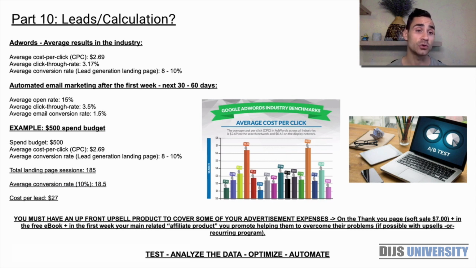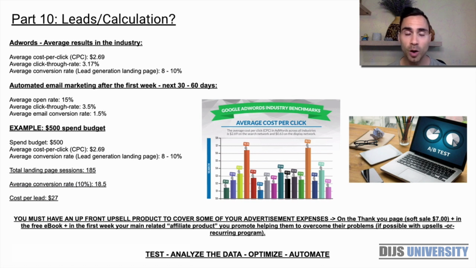The average click-through rate is around 3.70%, and the average conversion rate for a lead generation landing page, like the one we are using in these tutorials, is between 8 to 10%. It can be higher, but this is an average.